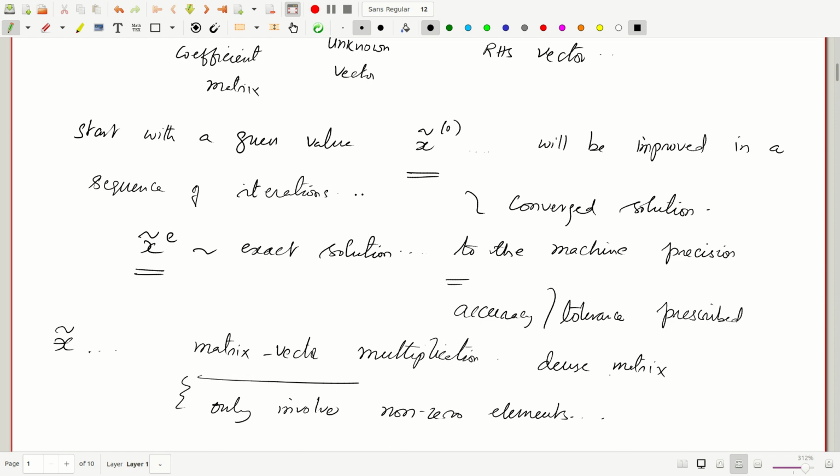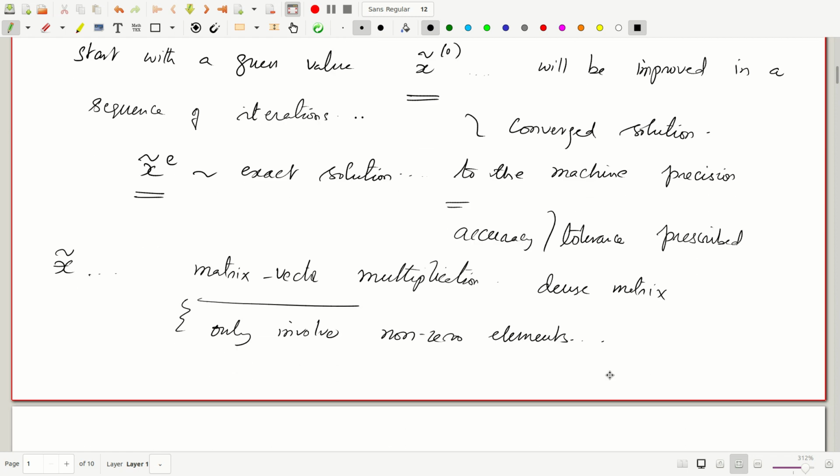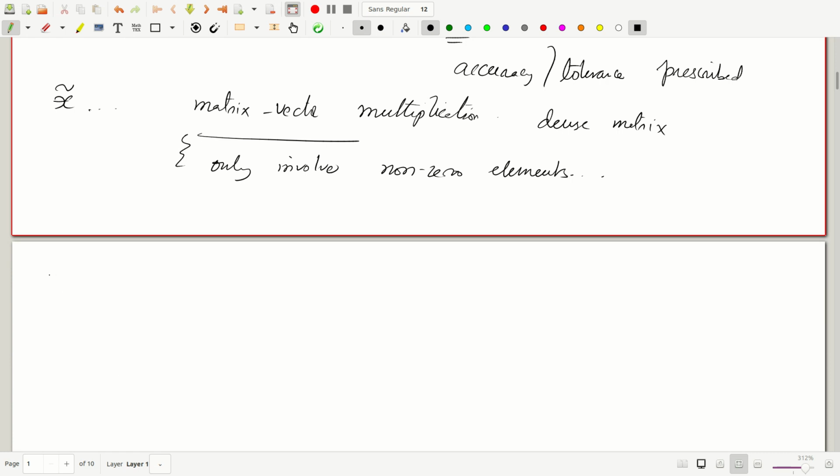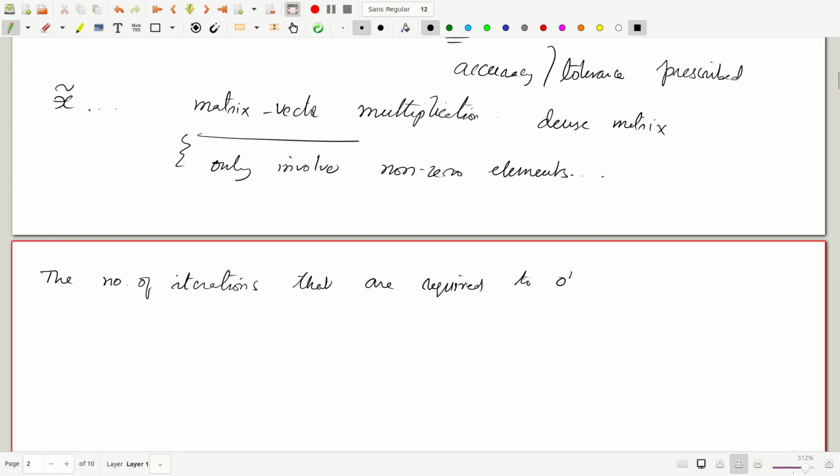All right, so now of course because we are looking for an iterative scheme, we can use the number of iterations that are required to obtain a converged solution as an evaluation criteria, okay.